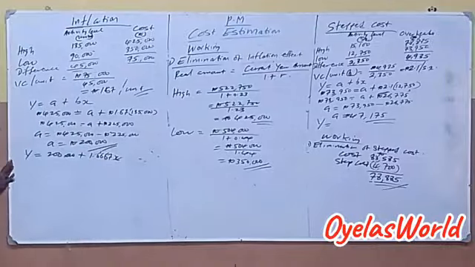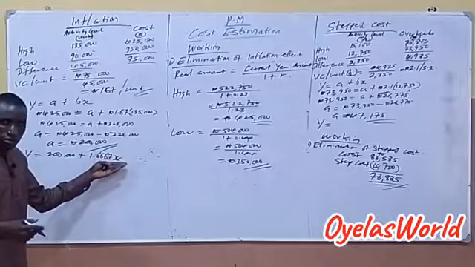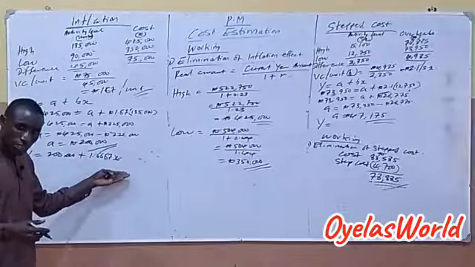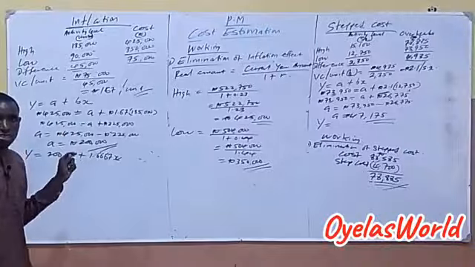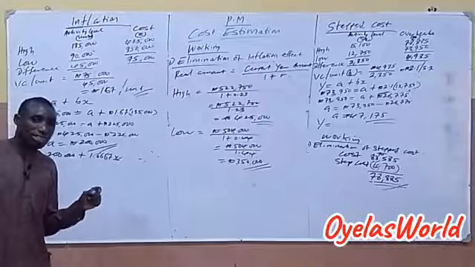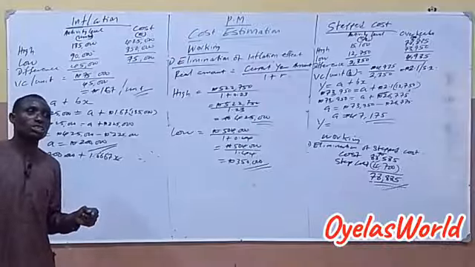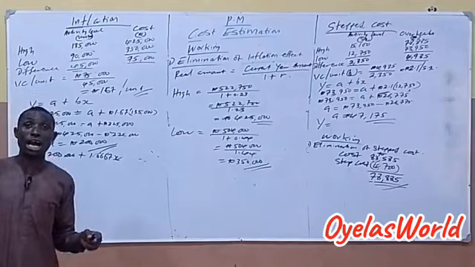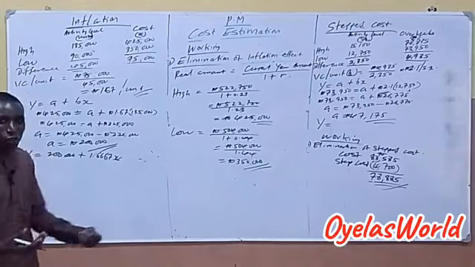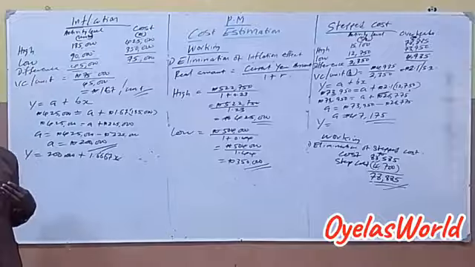Am I right? But this figure, have we included the inflation or not? They said estimate the cost equation in 2005 when the price index is 180. So we have to factor in the inflation here now. Am I right?